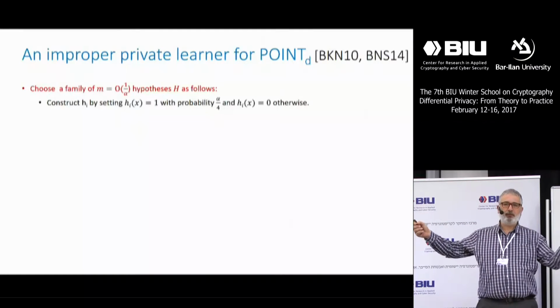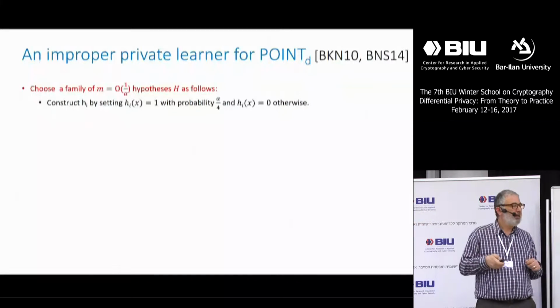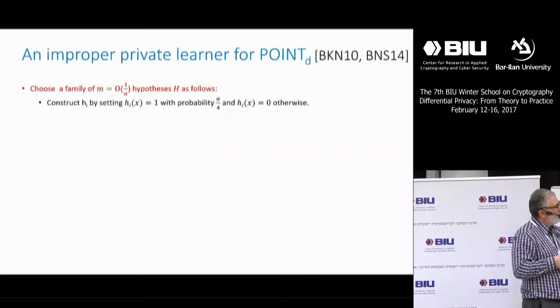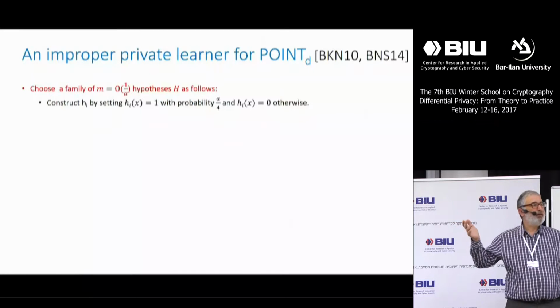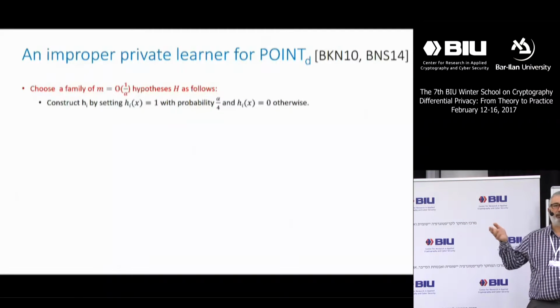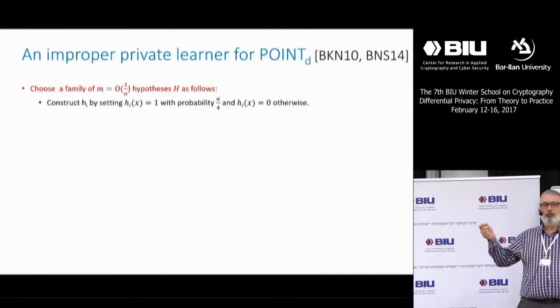For every possible input, we say whether the answer is 0 or 1. Okay? And at every point x, we select it to be 1 with probability about alpha over 4, and 0 otherwise. So these are long strings of bits that contain many ones. About alpha over 4 fraction of the positions are ones.